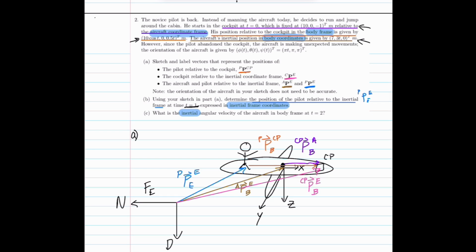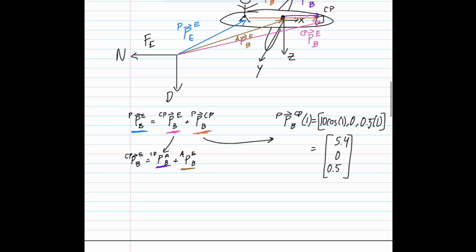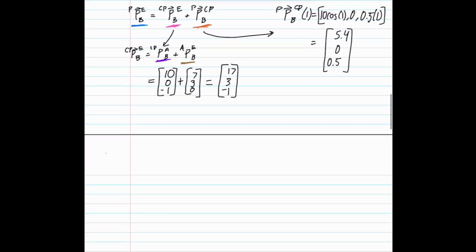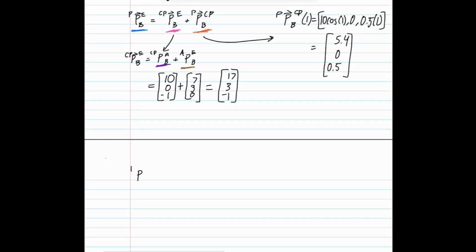And I just labeled those colors right there, and they gave us those things so that we can find the position of the cockpit relative to the inertial frame expressed in the body frame based off of those vectors. That's why it was helpful to draw the purple vector even though they didn't ask for it. So that's what the position vector is expressed in the body frame.